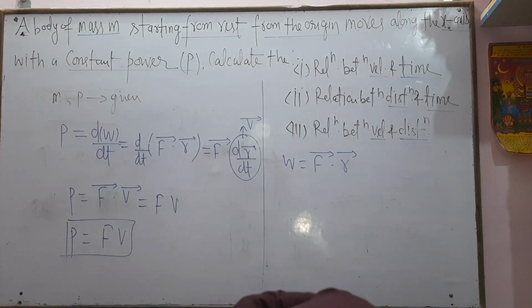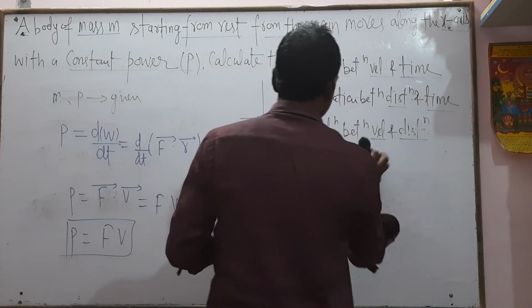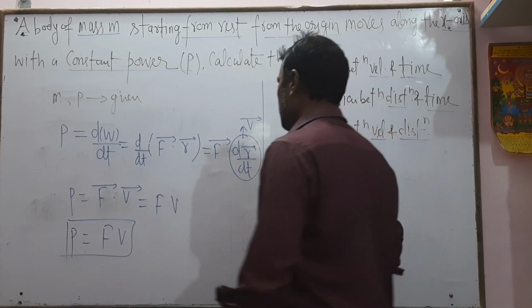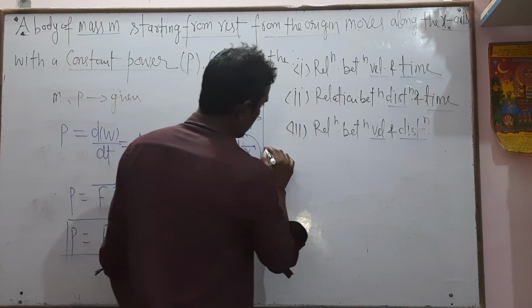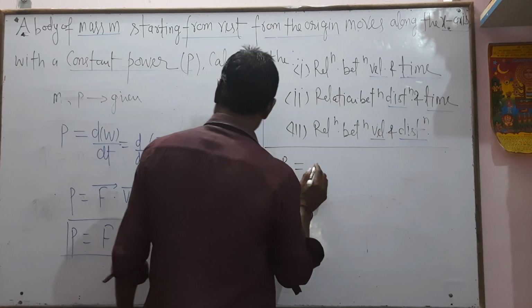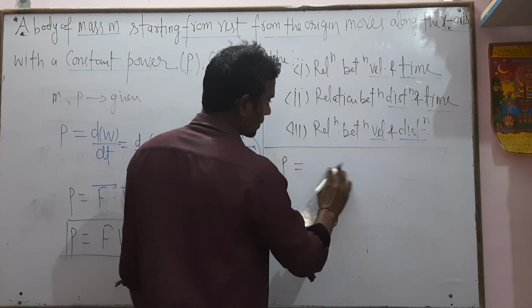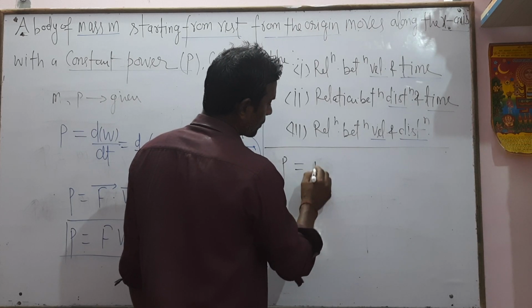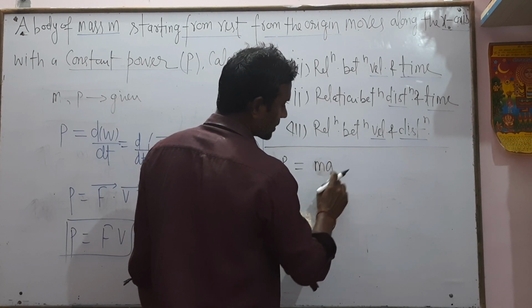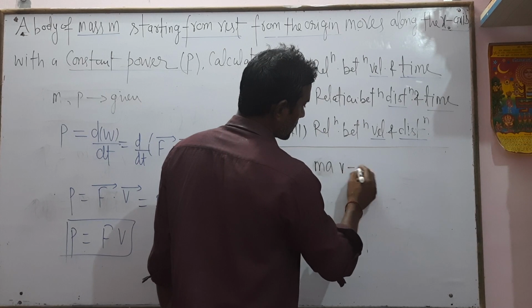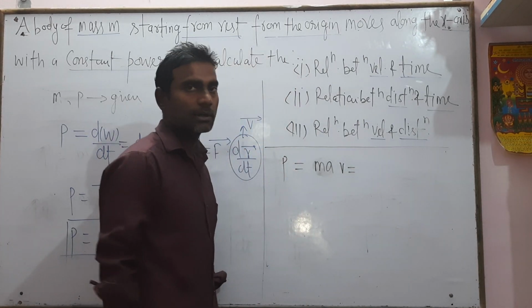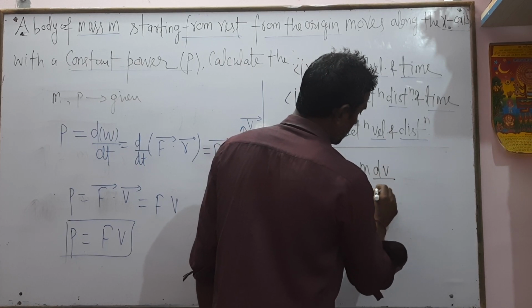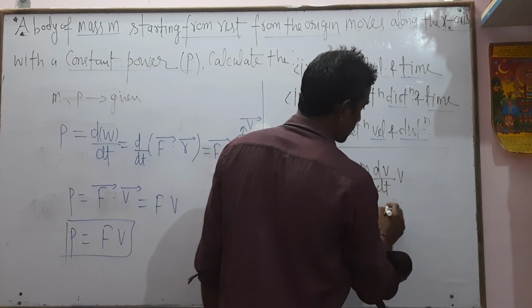We have to calculate these three relations. How do we calculate them? Power P equals F times v. Force can be written as mass into acceleration, and acceleration can be written as the rate of change of velocity. So P equals m into dv by dt times v.